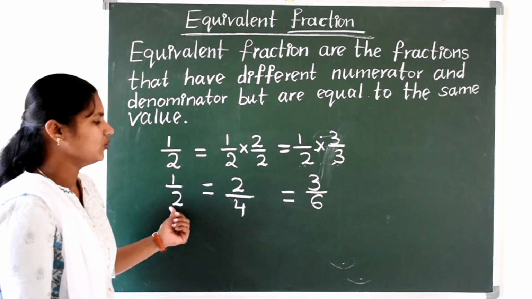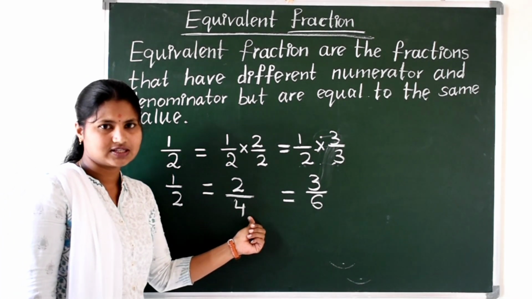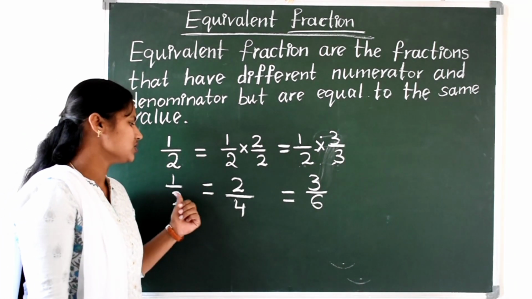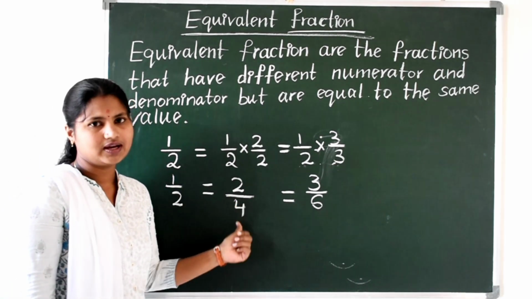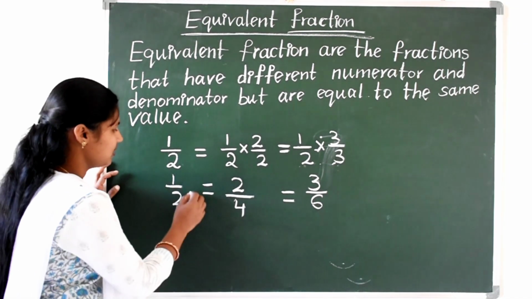How to check whether it is an equivalent fraction or not? Just cross multiply, then we will get the same value.